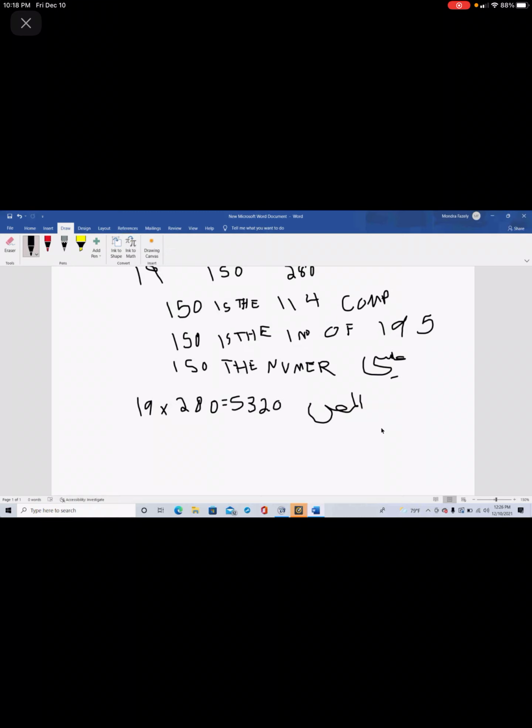Nothing else, just that number. According to that line, 19, 150, 280. And as I told you, that line is eternal. Everything I'm telling you, these are eternal. They're not going to change. Okay? They are not going to change.